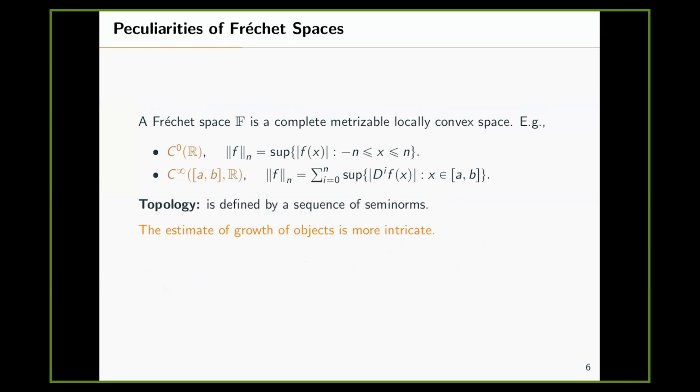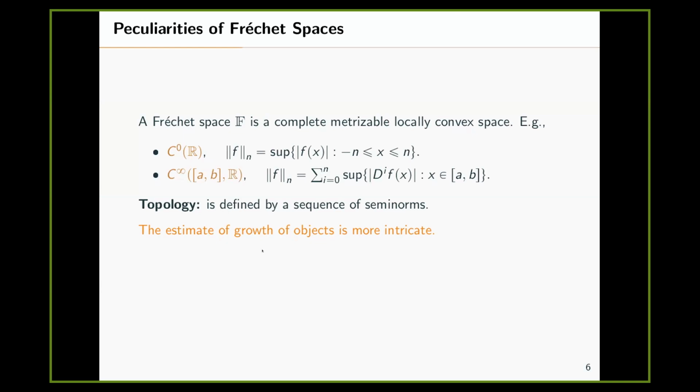This is in contrast to Banach spaces, where a norm provides a single value to gauge the size of an object. But here, as the topology is defined by a sequence of seminorms, estimating the growth rate of an object is quite challenging.